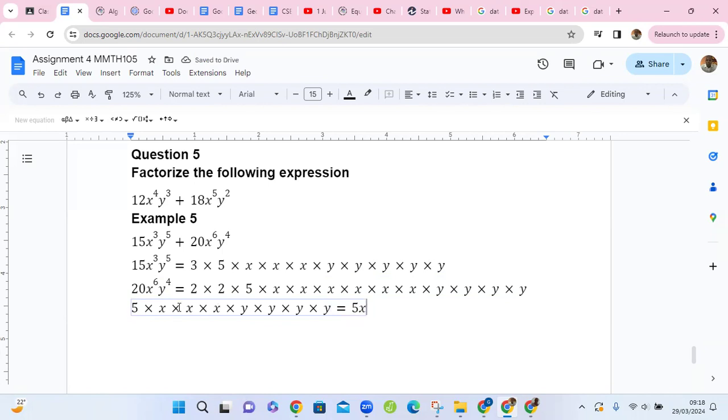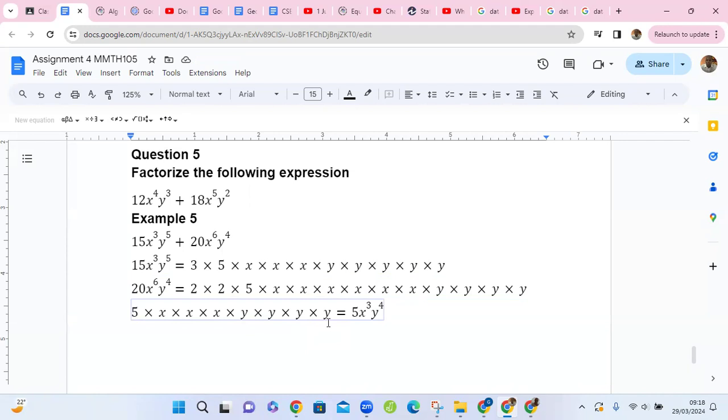Applying the rule of indices, we add the powers: 1 plus 1 plus 1 is 3, so this is x raised to the 3. And y times y times y times y, 1 plus 1 plus 1 plus 1, is 4. So this is the highest common factor. This is what comes outside of the bracket.